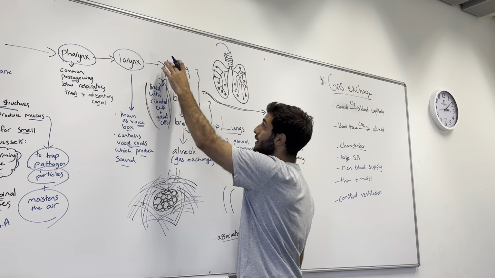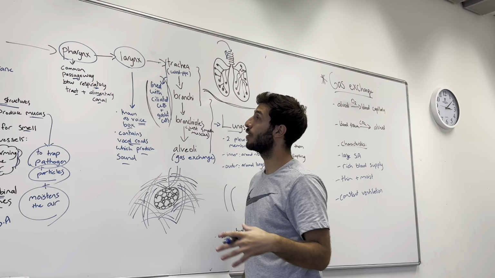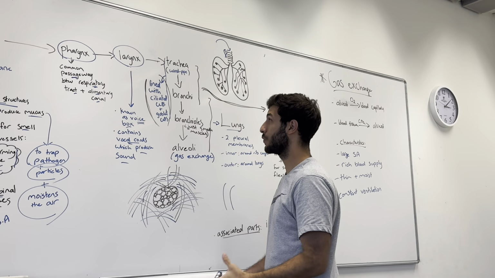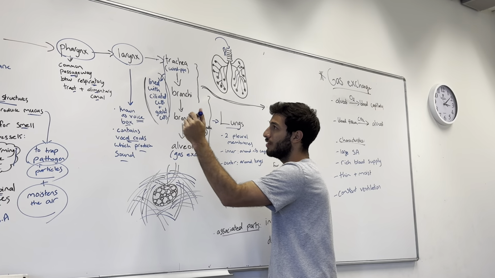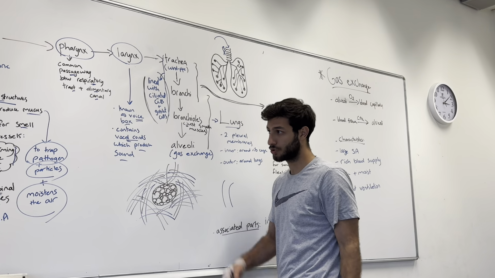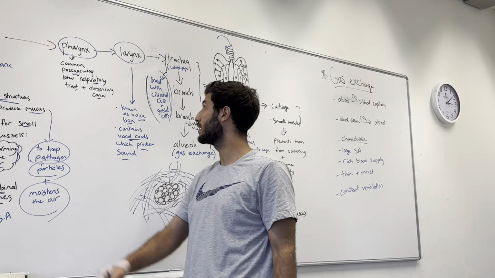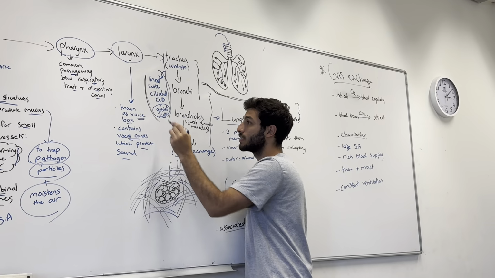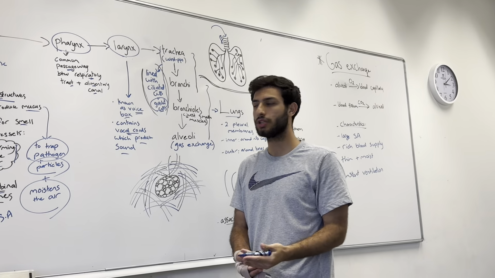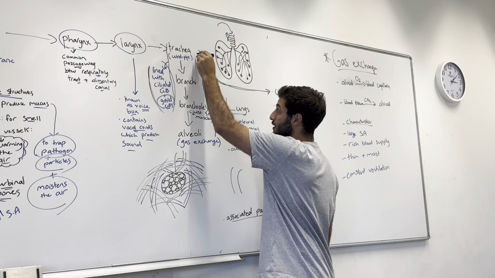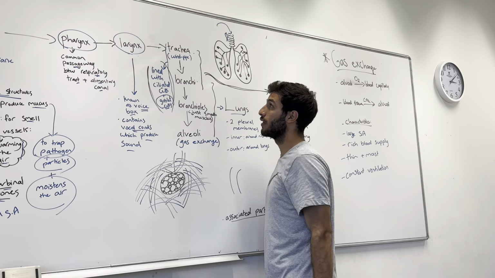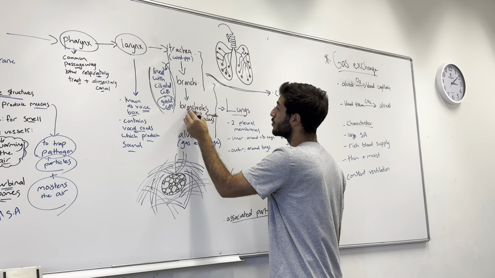So, what is the trachea lined with? What is its function? The trachea, bronchi, and bronchioles are all lined with ciliated cells, which we said again are hair-like structures, and with goblet cells, which produce mucus for lubrication and for moistening the air. Another note is that the trachea and bronchi have something that bronchioles don't have.